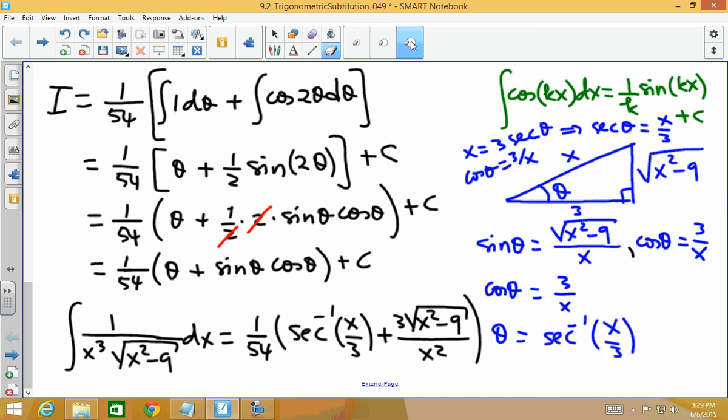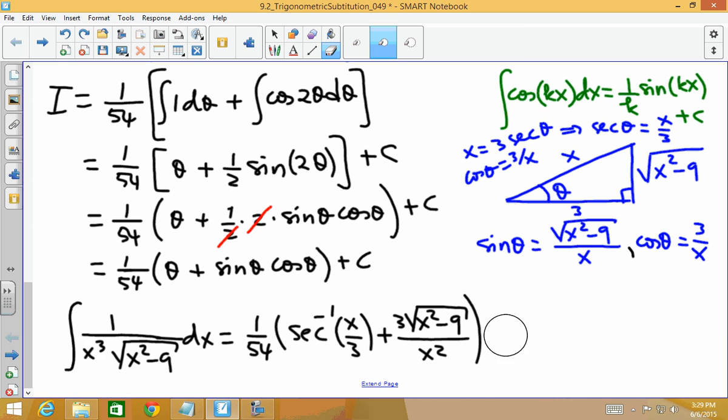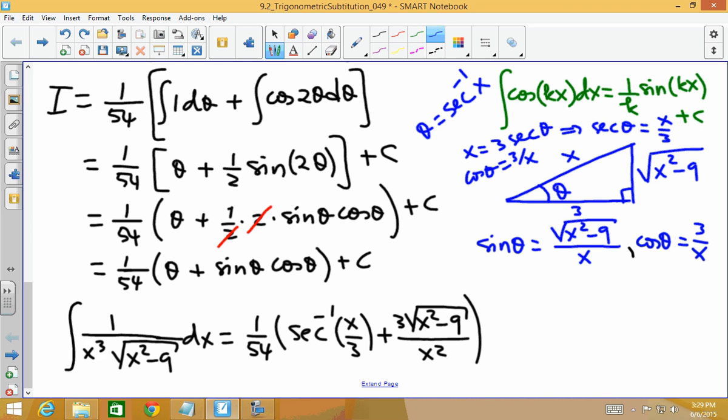And theta is secant inverse of x over 3. So now all we need here is plus a constant. That's the final answer.